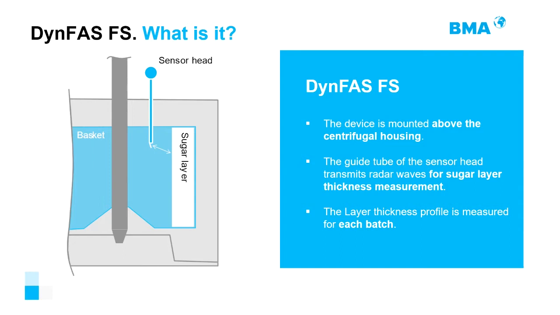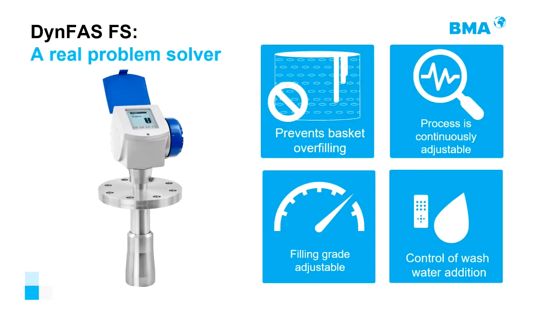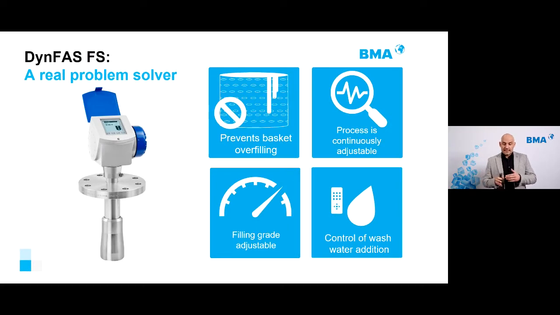This is very interesting because with this small sensor, we are solving a lot of problems. One of them is the basket overfilling, and it's very disgusting to clean all the machine when you have some overfilling in your centrifuge. Of course, the process will be adjusted continuously, and the filling rate is easy to set in the HMI in the software.